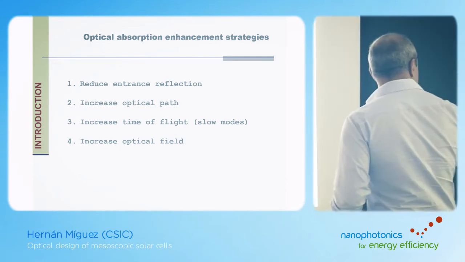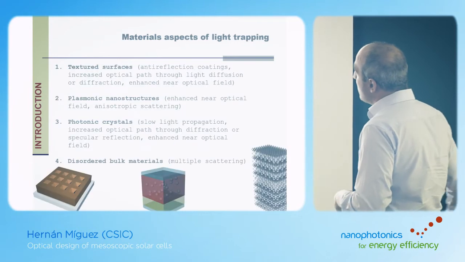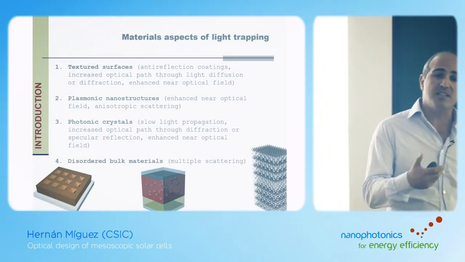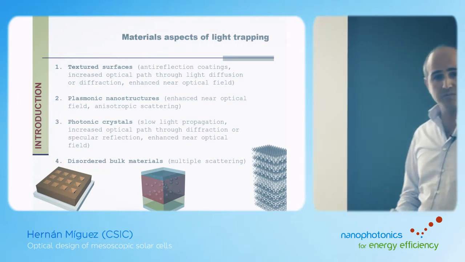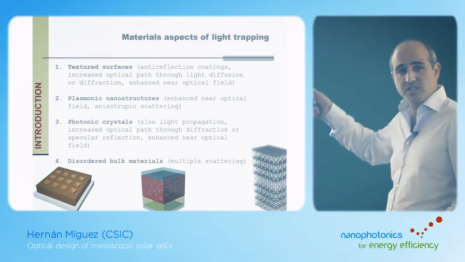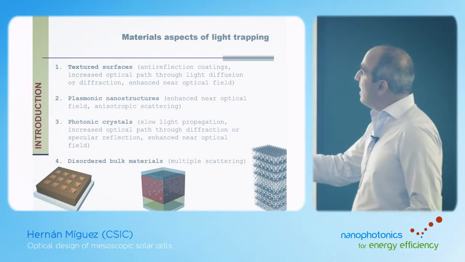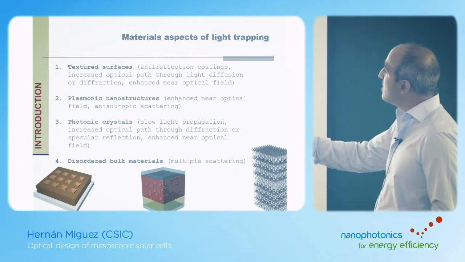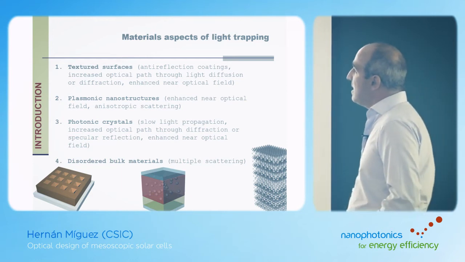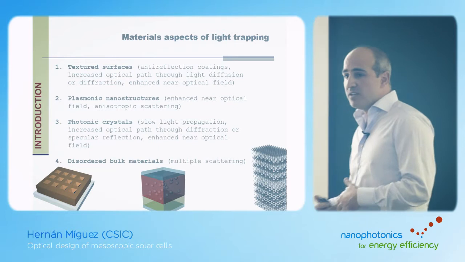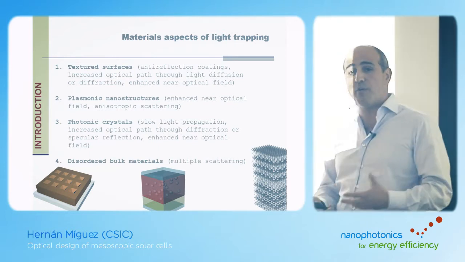How do we tackle this from the point of view of material science? What are the materials that can give us a solution to these different strategies or approaches that I just mentioned? Well, the first one I want to mention is textured surfaces. Textured surfaces serve as anti-reflection coatings. They give us light diffusion if they are randomly textured.